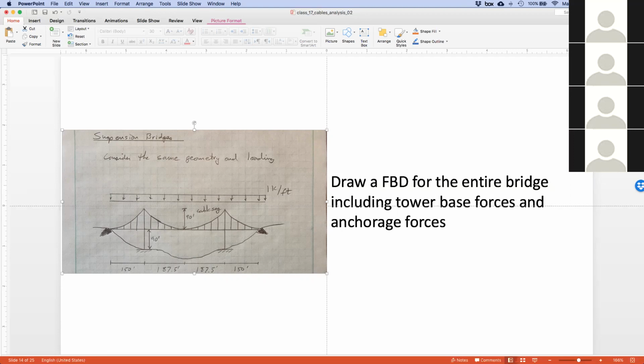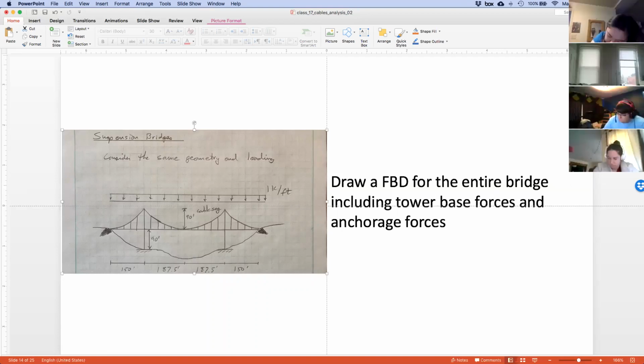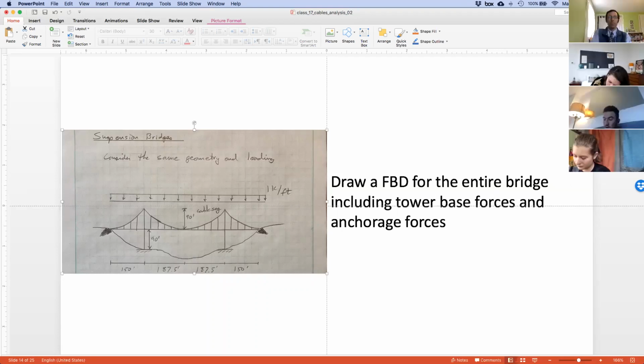A very rough sketch will suffice here to get the free body diagram done. Let's take 10 more.